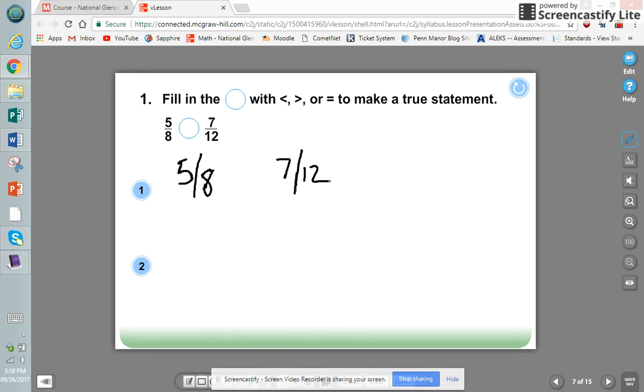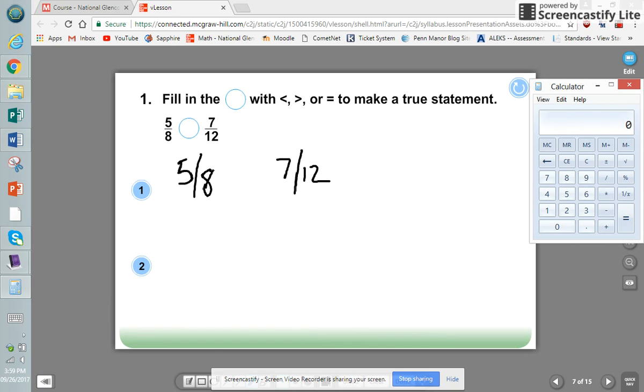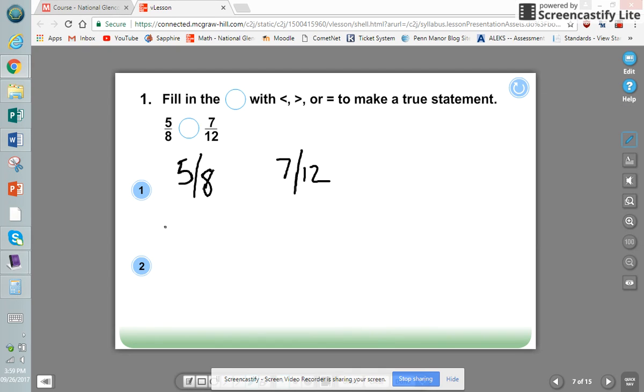And what I'm going to do is convert all of these things just to decimals. And I know once I get to a decimal, I can compare them, comparing like objects. So let's take a look. We got 5 divided by 8, and that equals 625 thousandths.